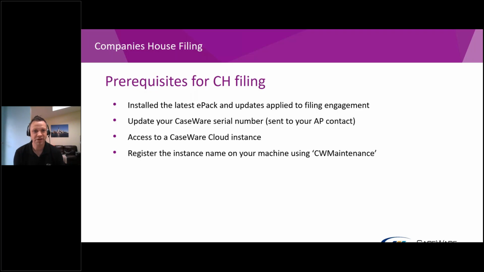And you need to register that instance name on your machine using the CW maintenance tool. Okay, so once you've obtained that instance name, use the CW maintenance tool to register that on your machine, and that is a machine by machine setting, so it will need to be done for as many people as necessary.